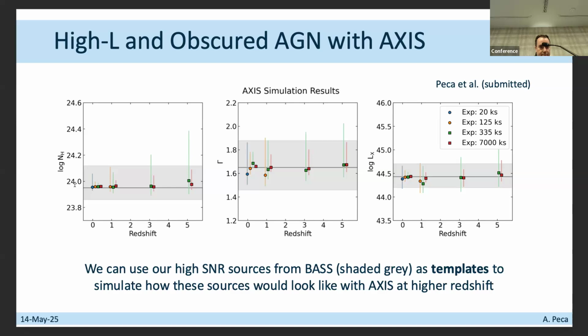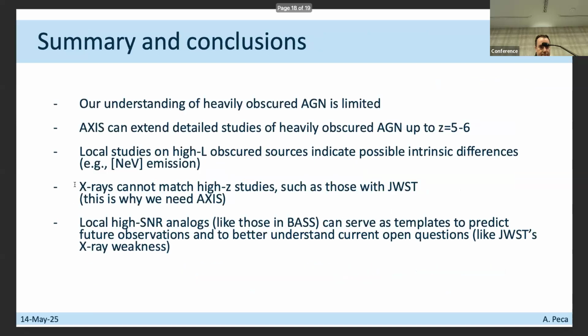But if you take the AXIS intermediate and deep surveys, we can expand this kind of studies up to redshift 5 or even 6. And this is my summary and conclusions, and I'm happy to take any questions. Thank you.